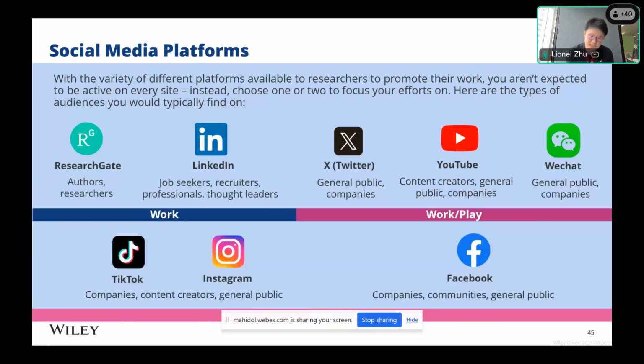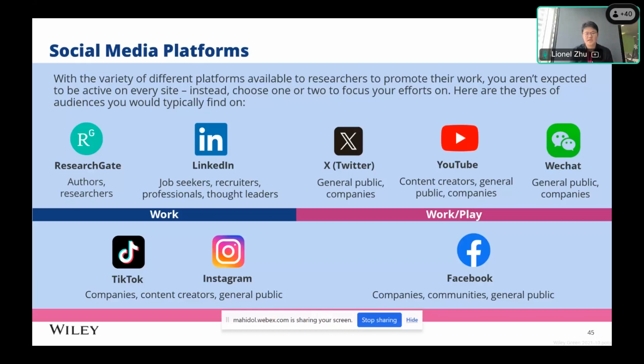First one is ResearchGate. Most libraries may not have sufficient funds to buy all the databases, and normally people won't pay $50 or even $100 for a paper, but ResearchGate is a really good platform where you can get the original articles.